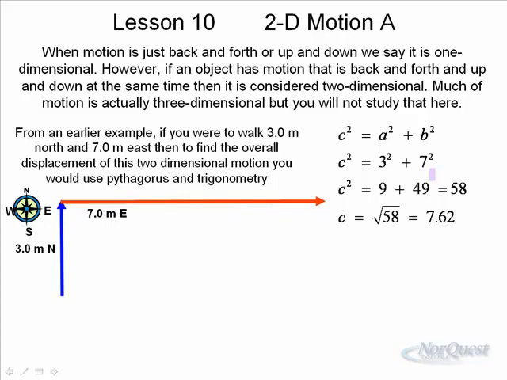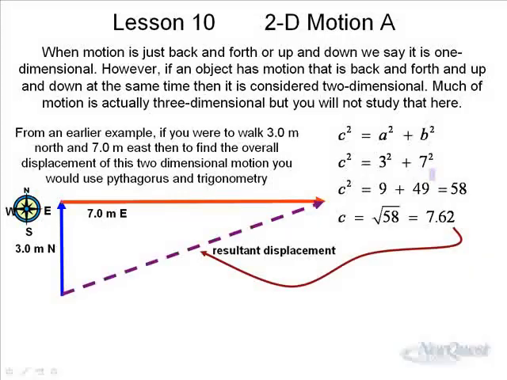Here we have the two sides of a right angle triangle, and of course 3 squared plus 7 squared gives us 58. And the resultant is going to be the square root of 58, or 7.62 meters. So even though you walked a total of 10 meters, the resultant is only 7.62 from where you start to where you end up. So that's the magnitude of the displacement.